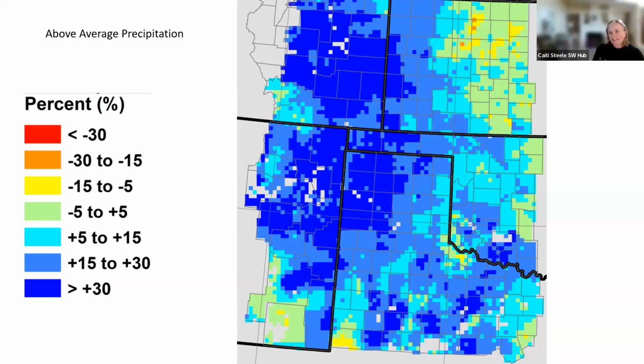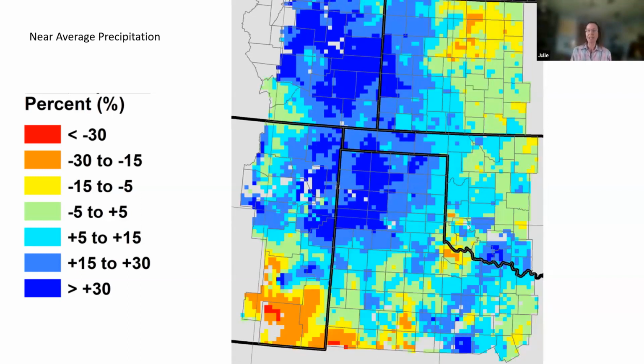So Julie, this is anticipating if we are going to get above normal precipitation. Does the Southern Plains manage to hold on to that optimistic outlook if we go to look at near average precipitation? Well, Kitty, for the most part, with, again, some significant exceptions, it does.